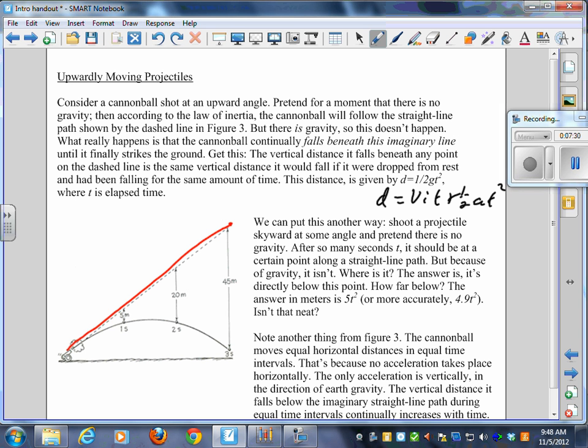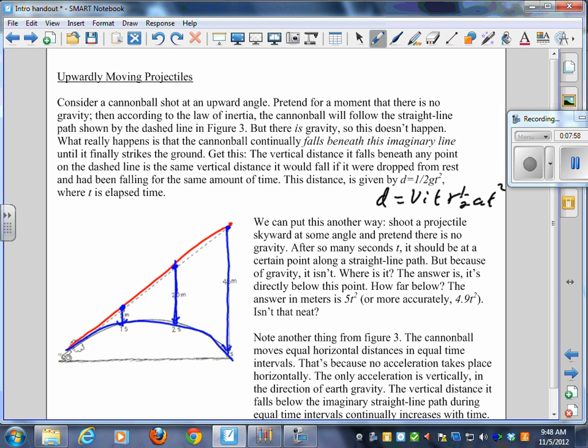If I were to drop the ball, after 1 second it would have fallen 5 meters. If I let it fall 2 seconds, it would fall 20 meters. If I let it fall for 3 seconds, it would drop 45 meters. The point on the parabola is the point that far below that imaginary line, where it would have fallen even if it wasn't moving up.